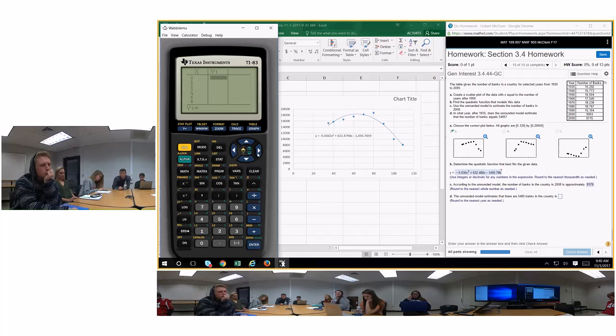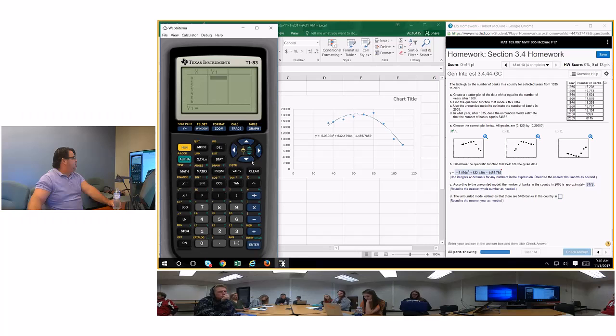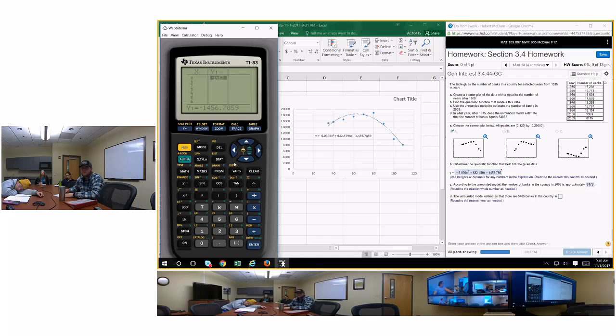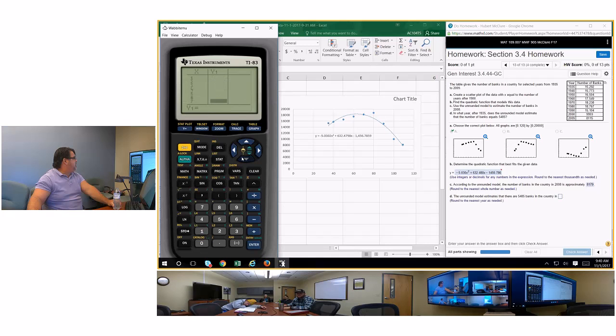I don't know if this will work or not. We want to know 5485. I don't know what they're wanting there. We have to set y equal to 5485. I don't know how to use that.